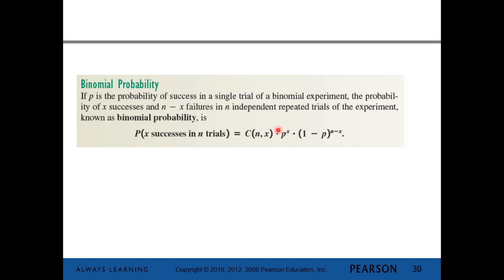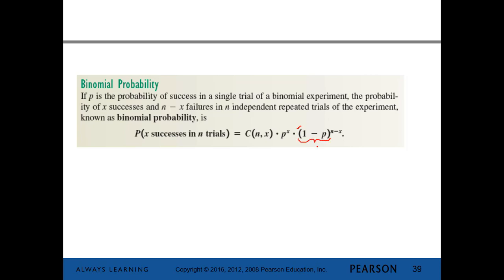And then we take the probability of success. Since the trials are independent of each other, it's the multiplication rule, so we multiply p by itself as many times as the number of successes, and that's where we get p to the x. Likewise, we take 1 minus p, which I also write as q.